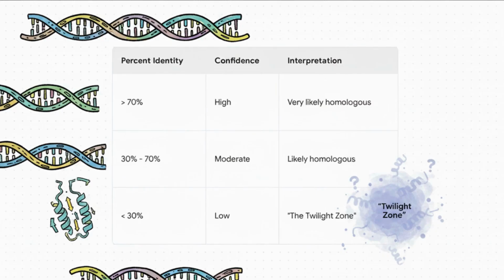Now, if you're in that middle ground, say 30 to 70%, homology is likely, but you should probably look for some other clues, like similar protein structures or functions, just to be safe. But then, below 30%, welcome to what we call the twilight zone. In this zone, the sequences might be homologous, but the signal is just too weak to be sure from the sequence alone. And that, my friends, can be a real headache for evolutionary research.